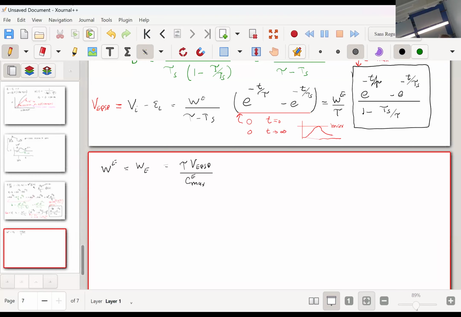I'm going to give it a name, E. And similarly, WI, which I've also called WI, is equal to tau V iPSP over CI max. The inhibitory side of it, inhibitory synaptic potential, it can be positive or CI minus.